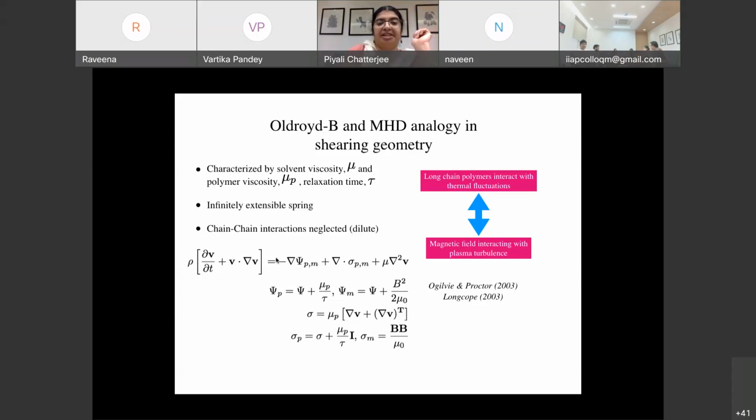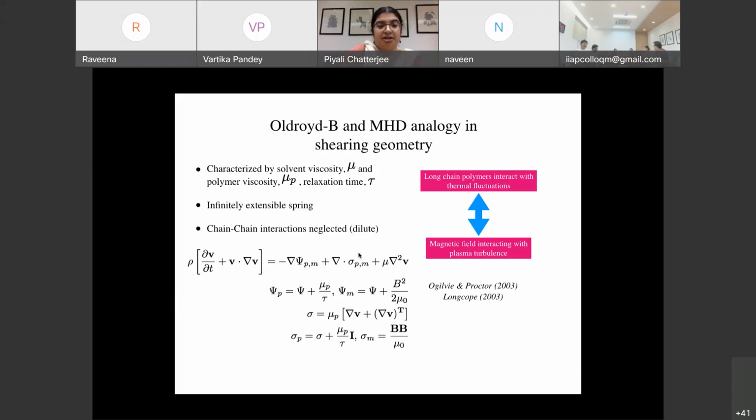So basically you have the pressure term, the isotropic pressure term, the anisotropic stresses, and the viscosity. Now this equation can be compared alternately for the Oldroyd-B model of the polymers and the MHD model. The subscript P denotes the polymer, whereas M denotes the MHD model.